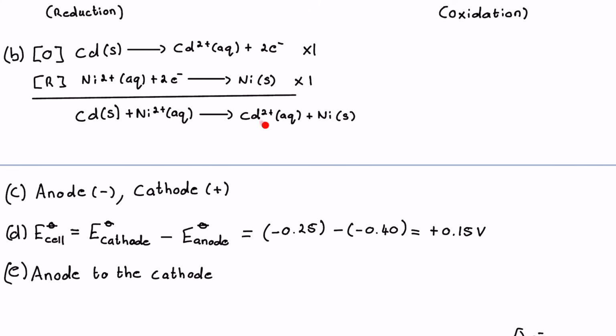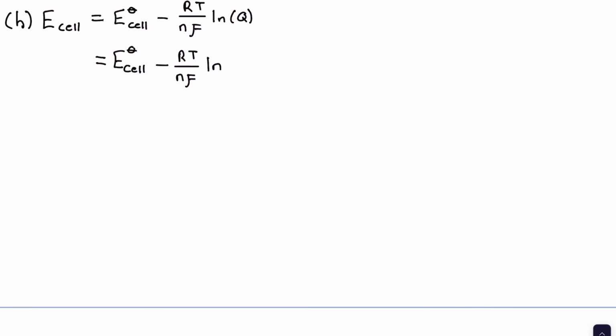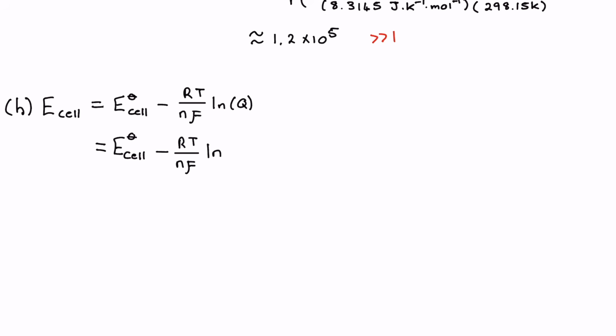If we look at the products, the only thing that has concentration is this ion. Nickel solid will have a value of 1, and nickel 2 plus will be in the reactants. The solid will also have just a value of 1. So this would be the concentration of cadmium 2 plus, and this would be the concentration of nickel 2 plus.